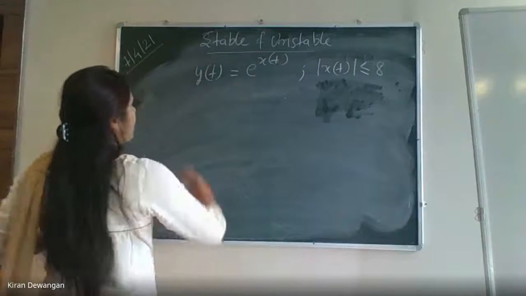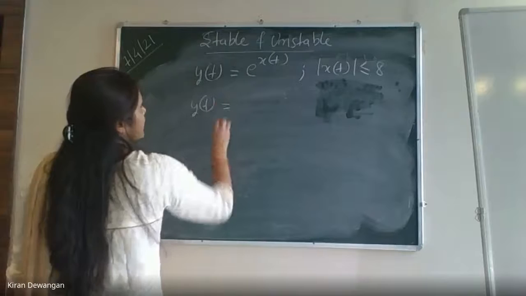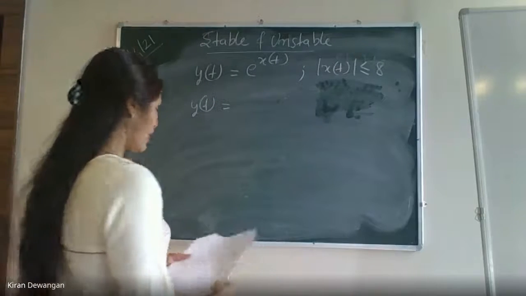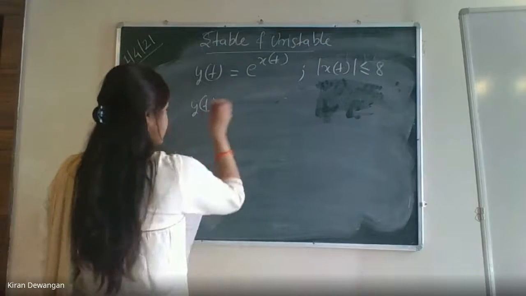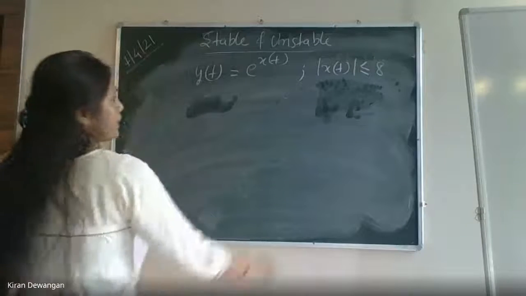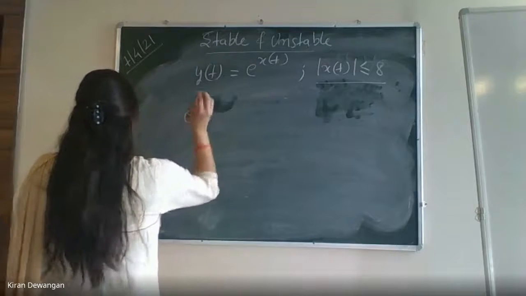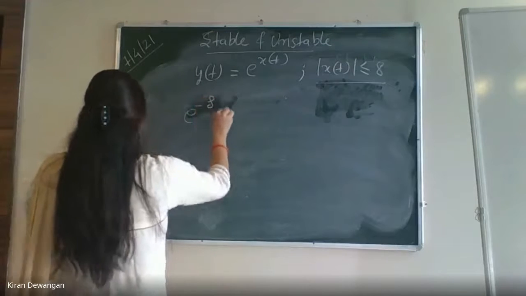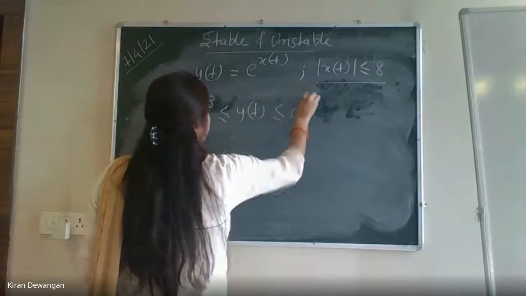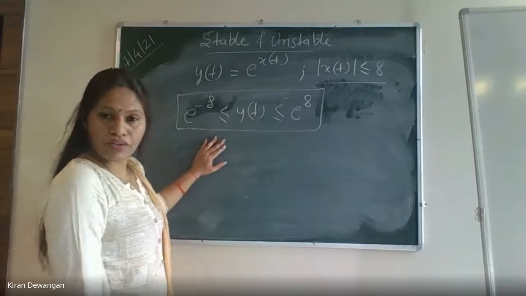Now let's check the output. How can we write y of t? Can we write y of t in this way?